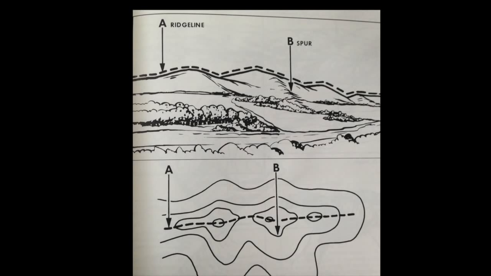And then on B, you've got a spur coming off to the side. There's really not a lot of difference between spurs and ridges, so you don't need to get too mixed up on that, but it's just going to be more of a gradual U shape that is pointing away from the peak. So that's a good look at what they might look like in a more realistic picture for you.